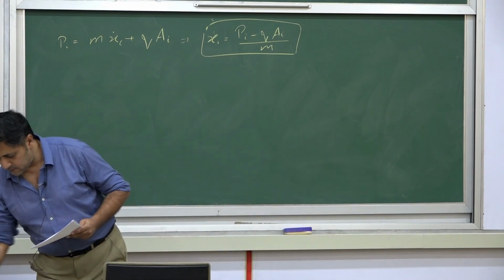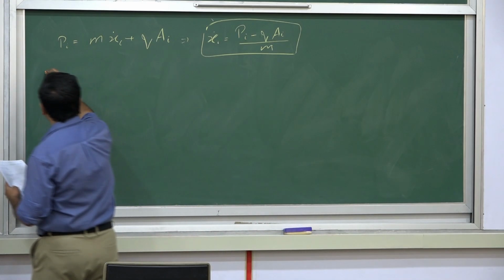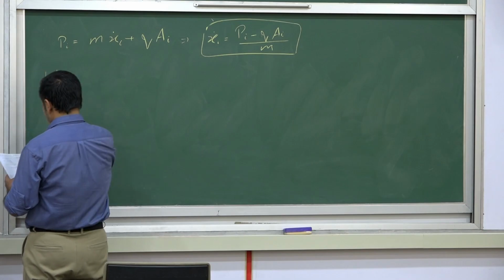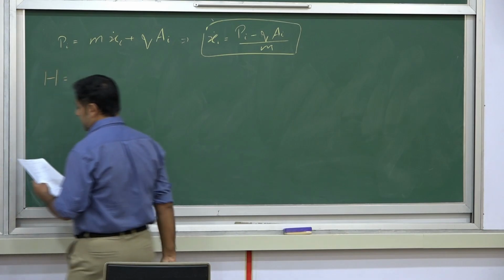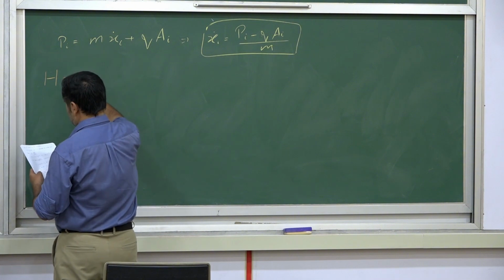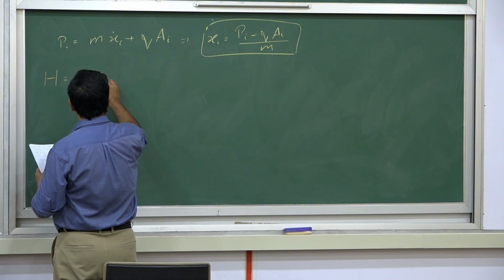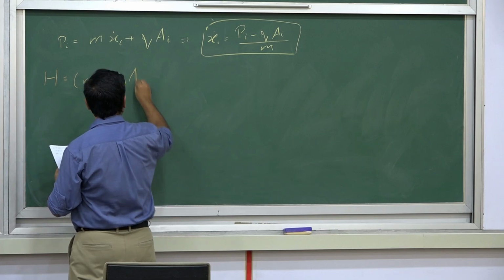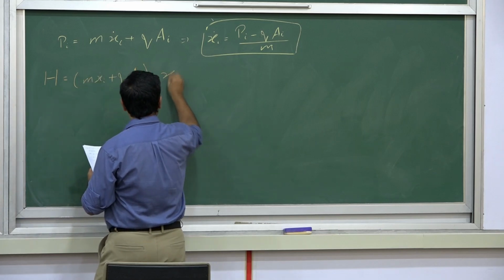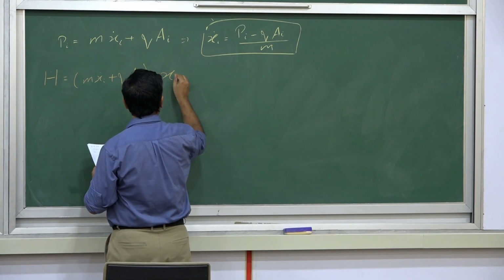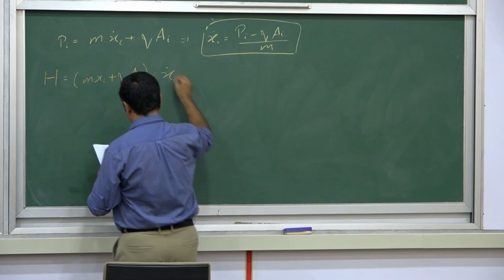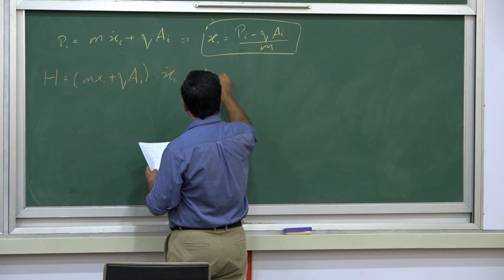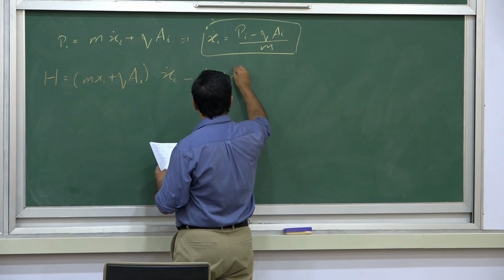And when I write my Hamiltonian, which is Pi times xi dot, so this thing, and subtracting the Lagrangian.